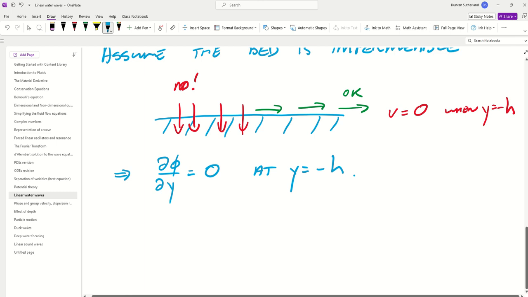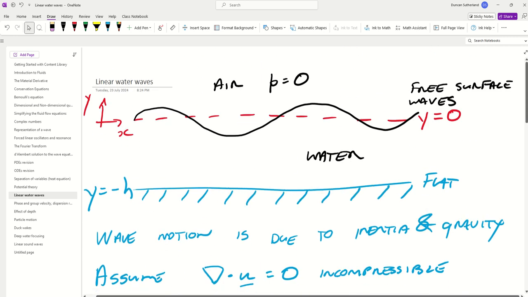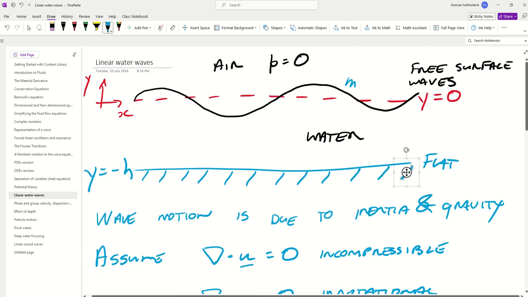All right. The next boundary condition that we're going to have to think about, well, there's three more that we have to think about. We have to think about what's going on the free surface. We have to think about what's going on at these ends. Right, what's going on in X? X is easy.